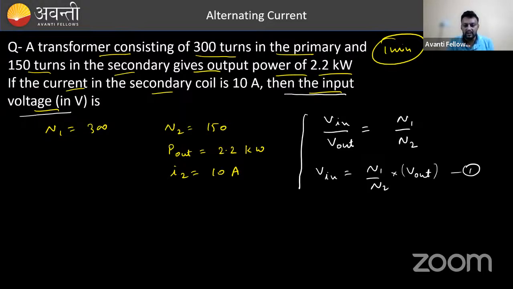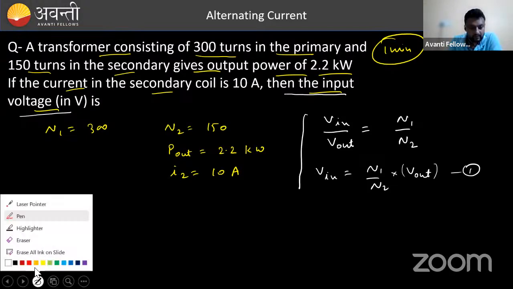I know a relation that input voltage over output voltage is this one. Out of this, N1 and N2 are known, only V out is not known. So now the question will definitely have something to calculate V output. Now look at the data again. What is that part by which you can calculate V output?